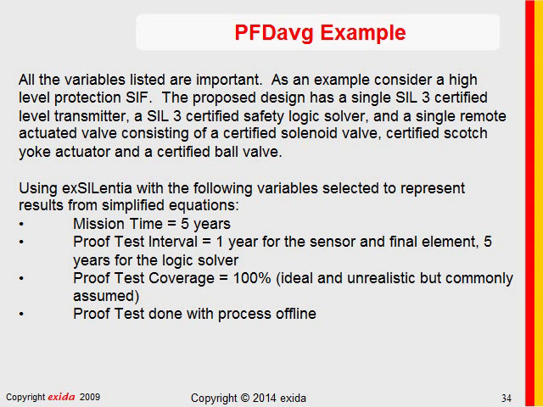But basically, in the new version of 61508, 2010 version, 1H gives you a set of architecture constraint charts based on a variable called safe failure fraction, which is calculated in the exSILentia tool if you choose 1H. 2H is based on if you have credible and sufficient field failure data so that you have complete confidence in the failure rate information, you can use route 2H, and the architecture constraint charts are different and simpler, much like the prior use architecture, in fact, exactly like the prior use architecture constraint charts from 61508. But I have a whole web seminar on that.